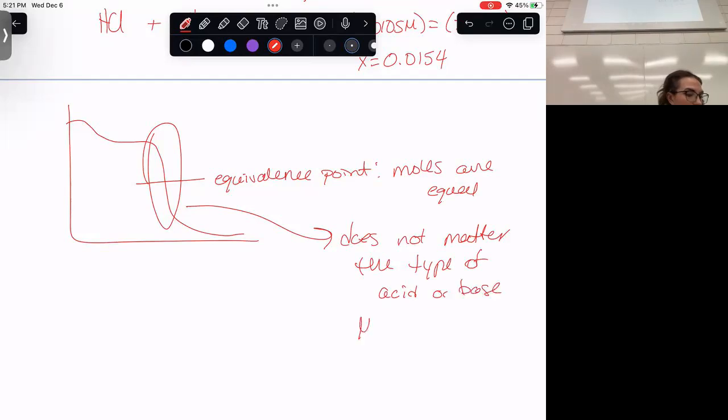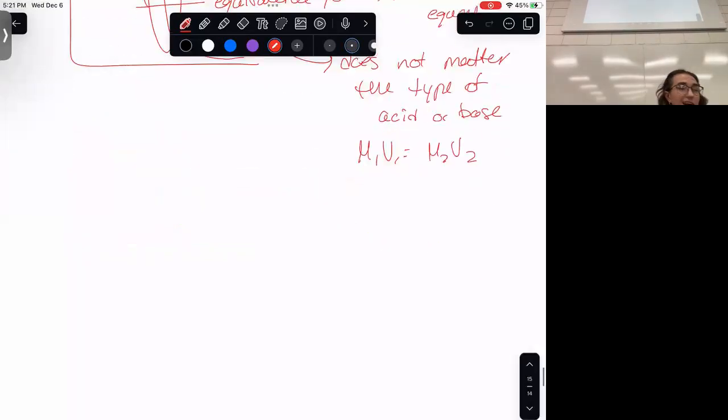You can just use M1V1 is equal to M2V2, but we have to remember if you have a diprotic or a monoprotic acid, you need to take that into consideration. So in this case, since we have HCl and NH3, these are both monoprotic, right? You only have one H plus here.